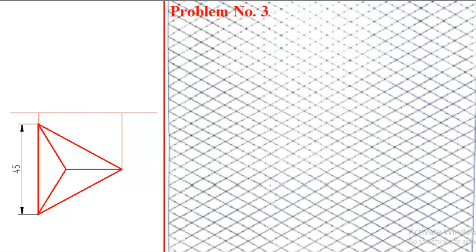When the tetrahedron comes, they will not give the axis side. This is like a pyramid. We need to find the axis side. To do that, first we need to construct the tetrahedron, that is, a triangle top view with the actual dimension 45. We construct it and find the axis line by drawing any two median lines, and the intersection point will be the center.